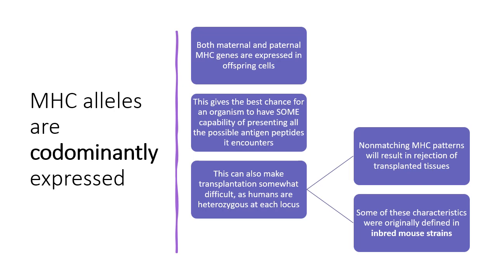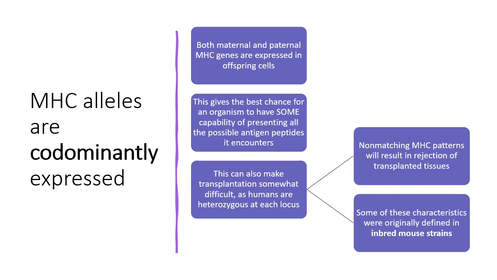And each of those can accommodate a variety of different types of peptides, like up to 2,000. So this makes transplantation difficult because humans are basically heterozygous at each and every locus. Non-matching MHC patterns results in rejection of transplanted tissues that we've actually already talked about.